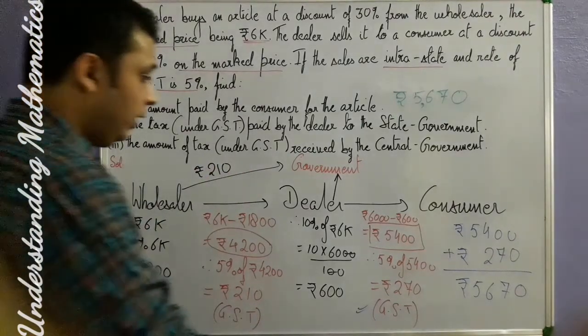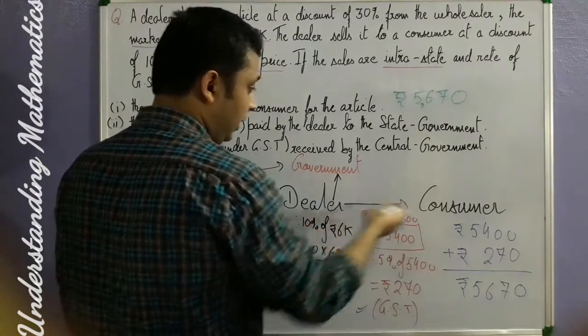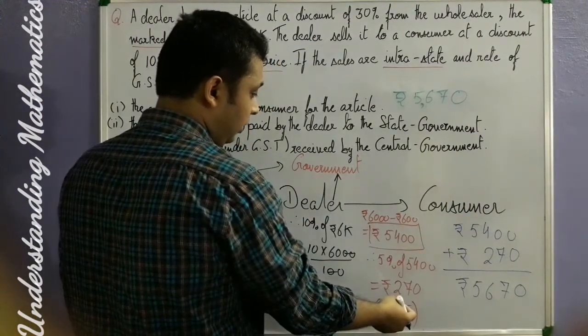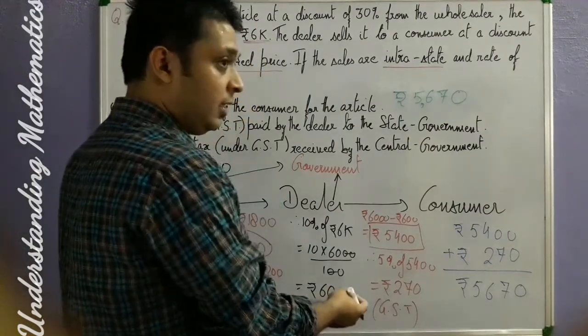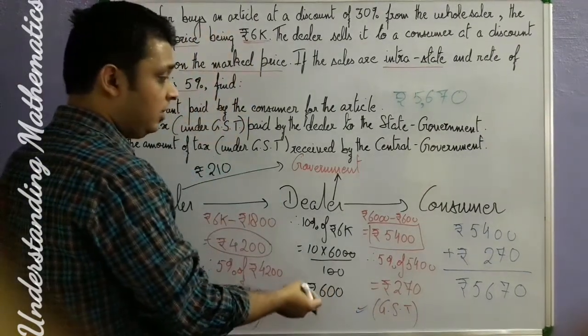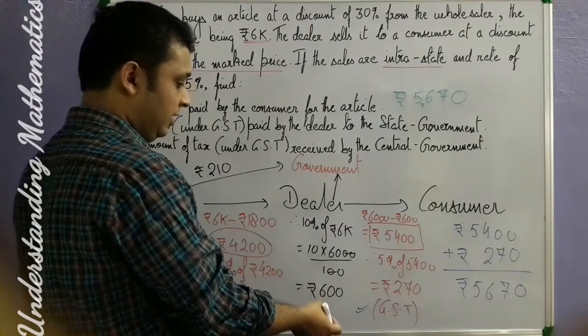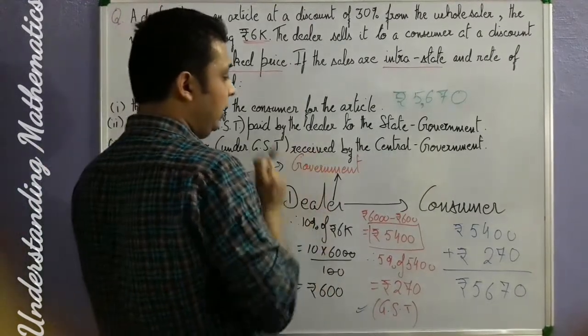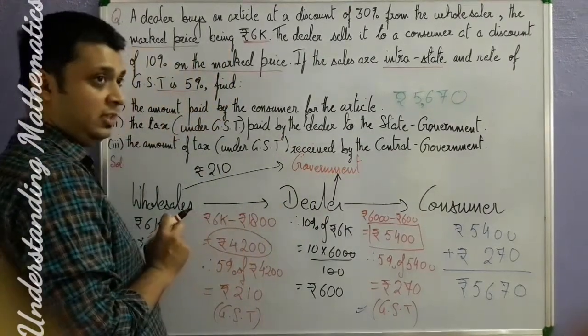Clear? Now when the dealer collects the GST from the consumer, he already has some input tax credit. What is that input tax credit which the dealer has? It is rupees 210. So the dealer will only give the balance of the GST to the government.